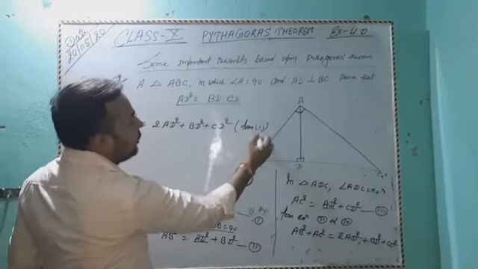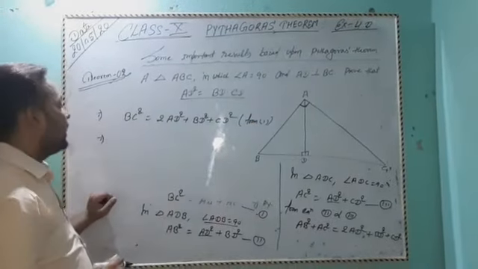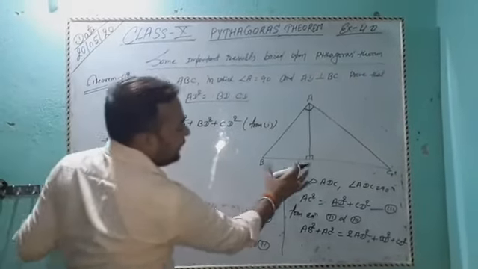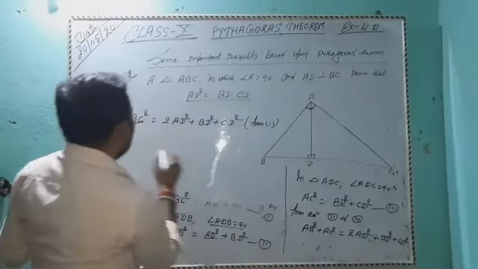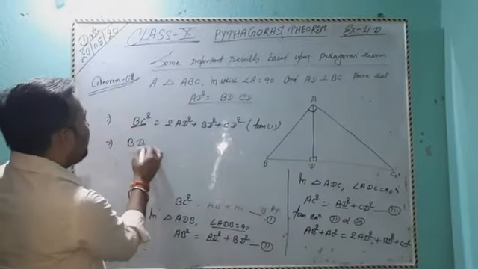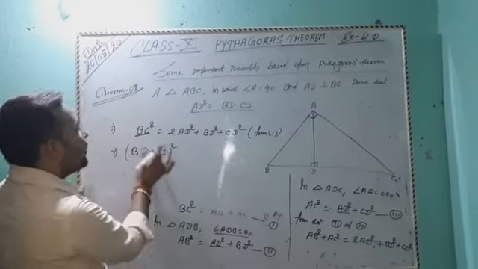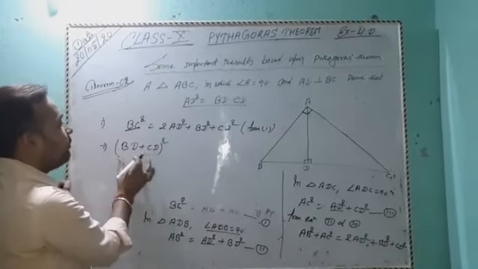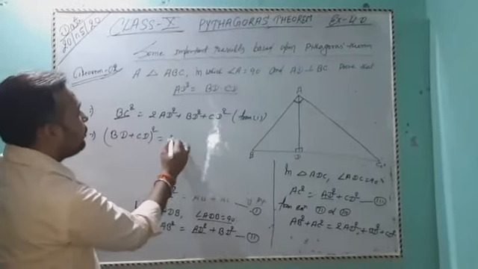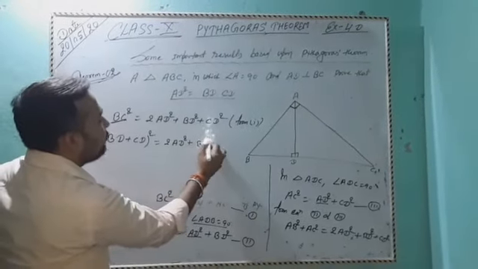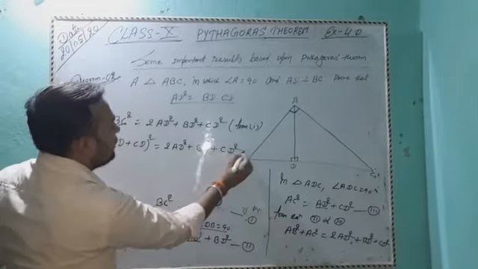And now BC, it means BD plus CD. So BD plus CD whole square equal to 2AD square plus BD square plus CD square.